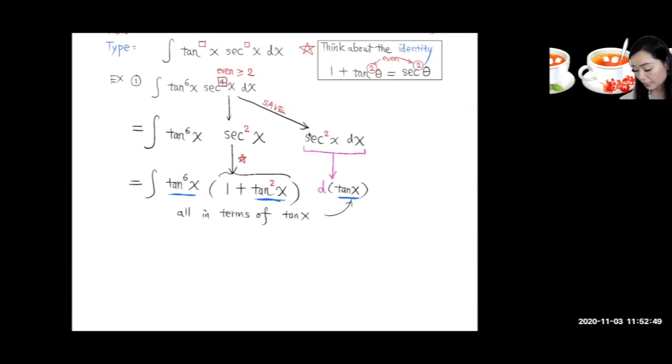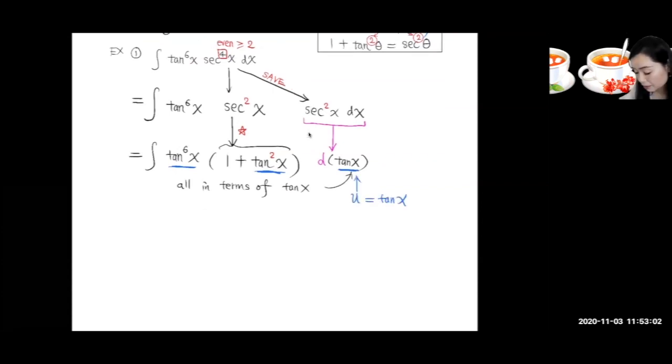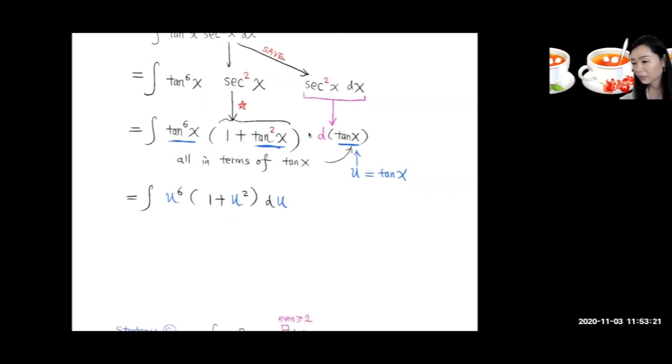The next step: you want to let u be tangent x. This is going to become u to the 6th power times 1 plus u to the 2nd power, and then du. Now we're taking the antiderivative of a polynomial, right? So we will multiply them out.